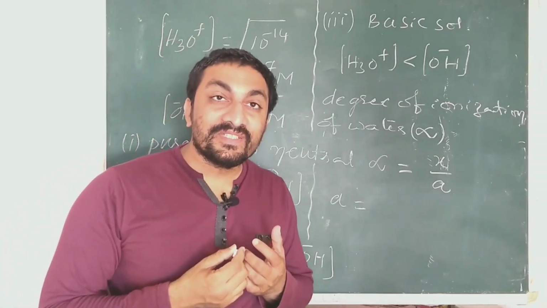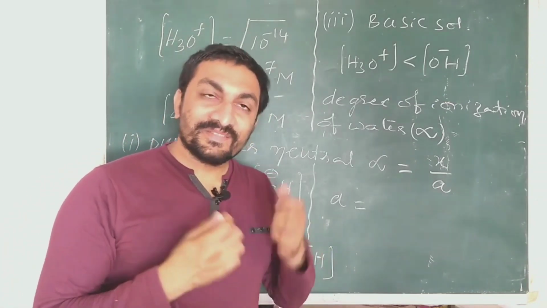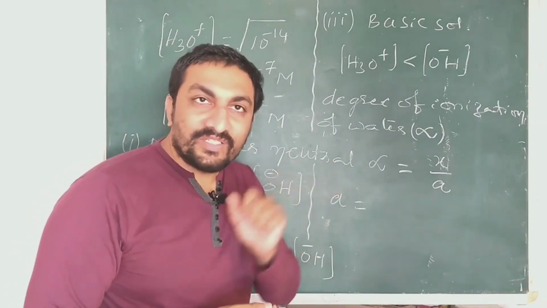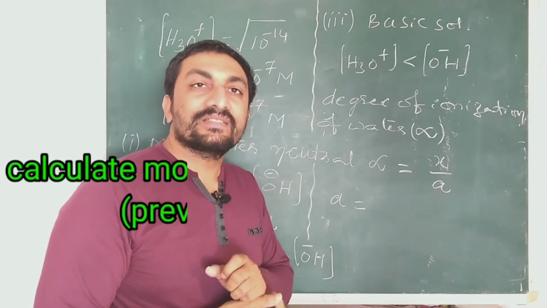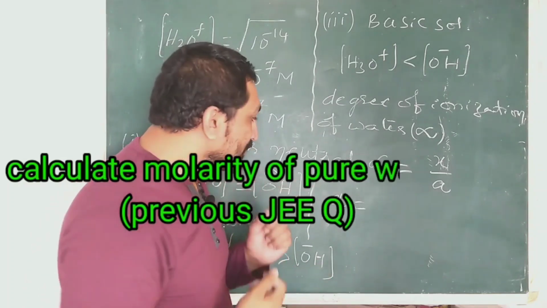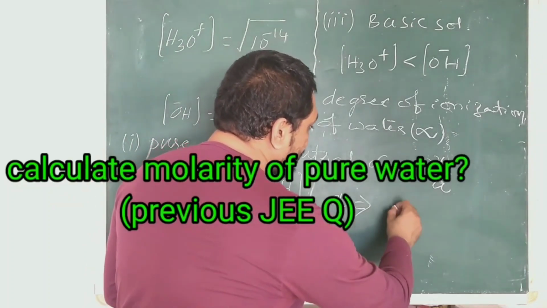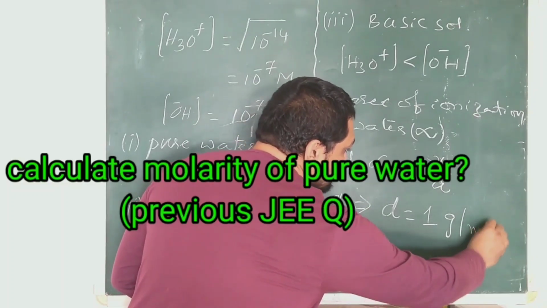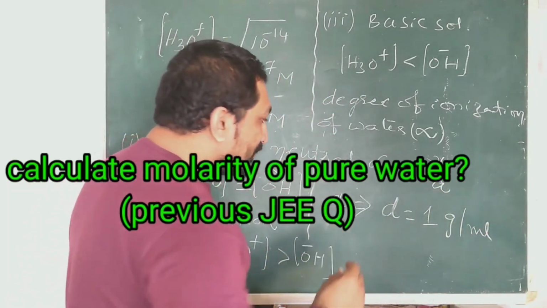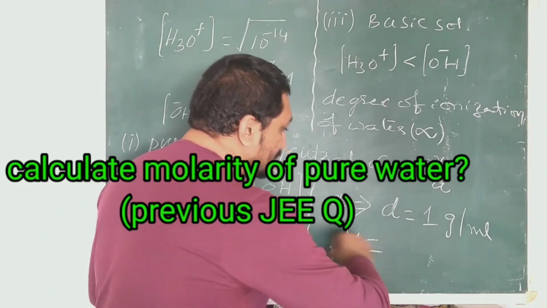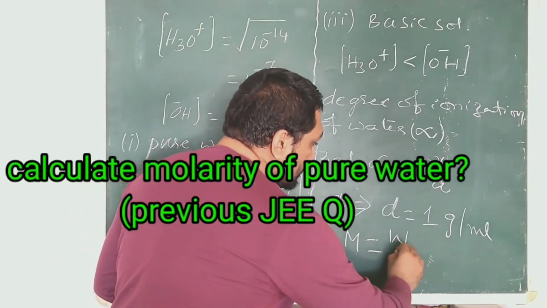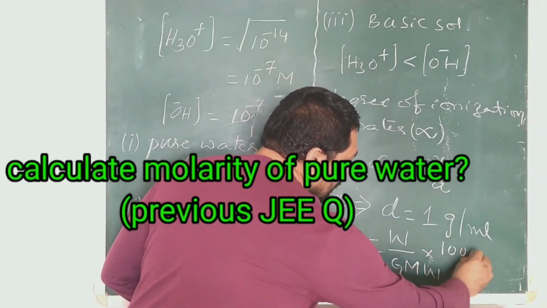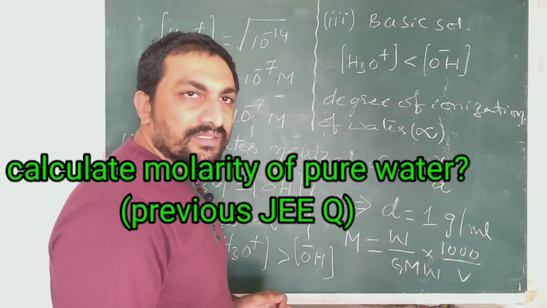How to get the molarity of water? We know that density is equal to 1 gram per ml. From there we can get the molarity of water. So this is actually a previous JEE question: calculate the molarity of water. So density equal to 1 gram per ml for pure water. Now what is the molarity formula? Molarity equal to weight upon gram molecular weight multiplied by 1000 upon V in ml.